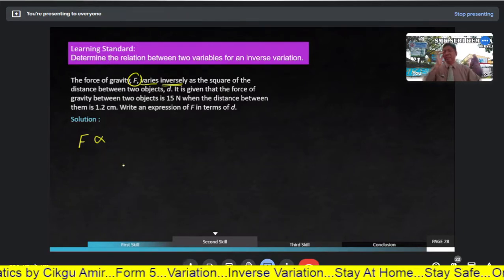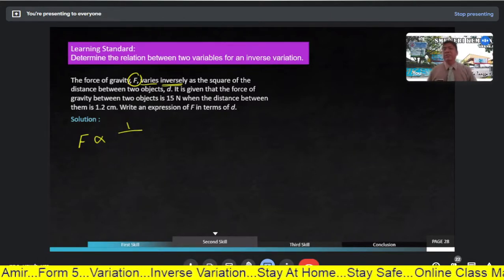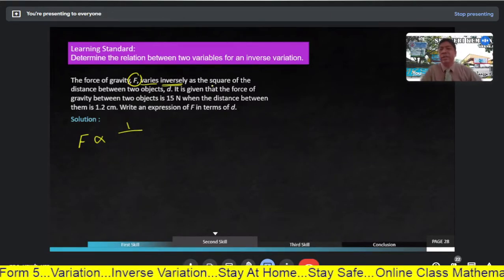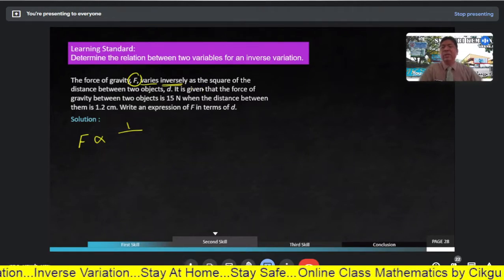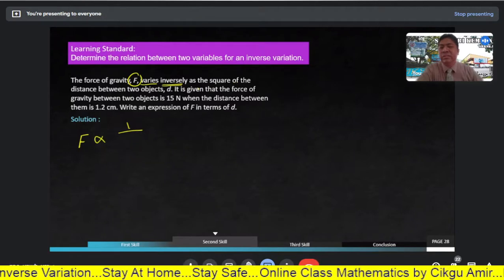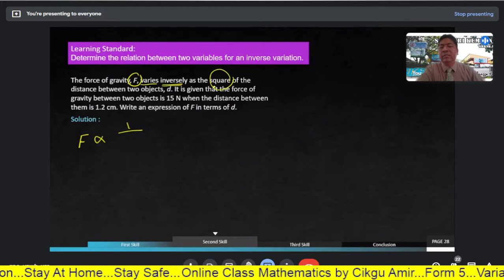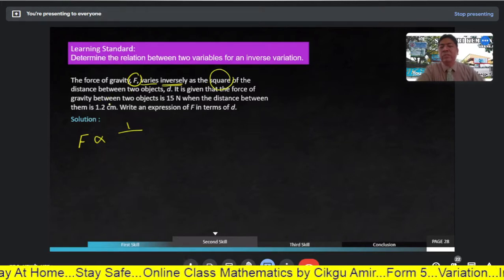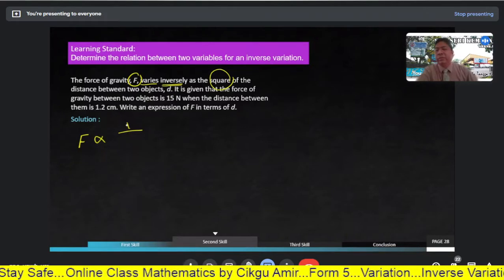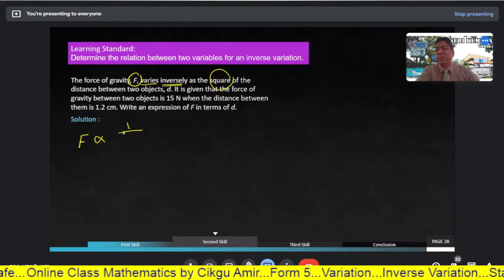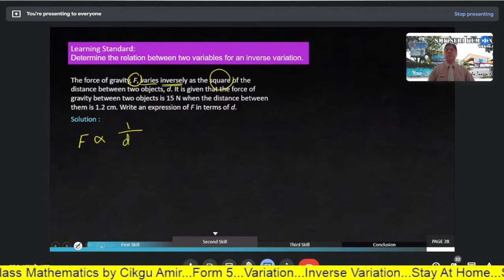Inversely, there will be 1 over something. The second variable is inversely as the square of the distance between two objects D. There will be 1 over D squared.